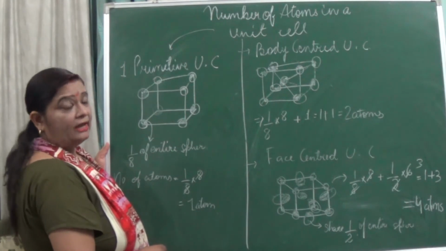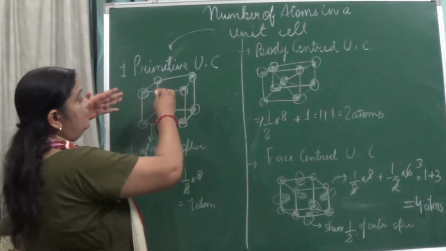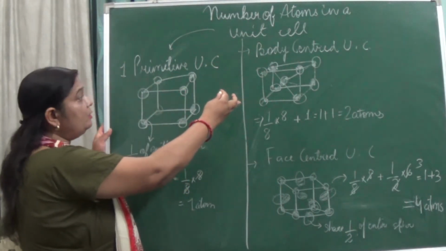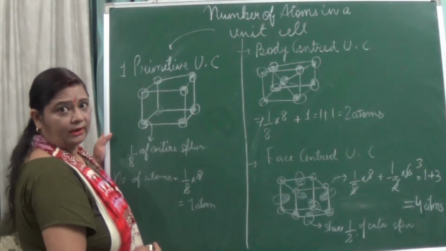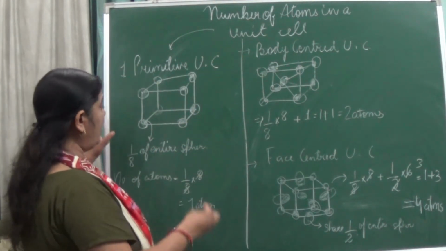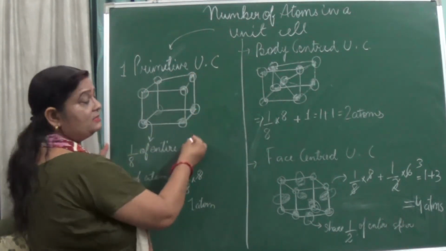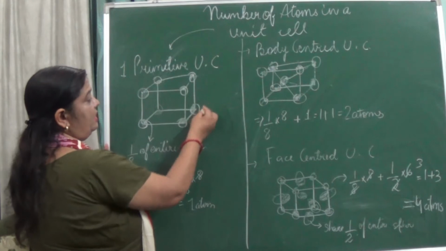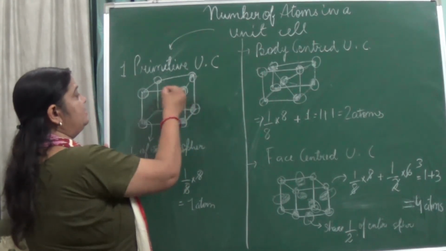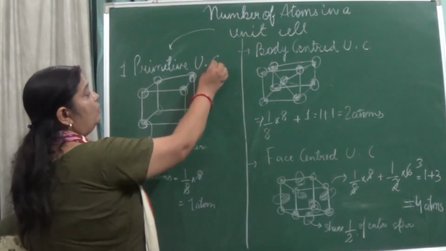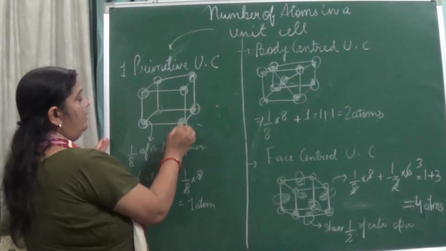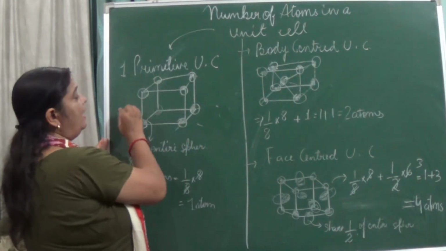No. Why? Because this unit cell shares its corners with other unit cells in the lattice structure. Suppose this is sharing with another, this is with another, this is with another, this is with another. Here also one, here also one. So what happens?